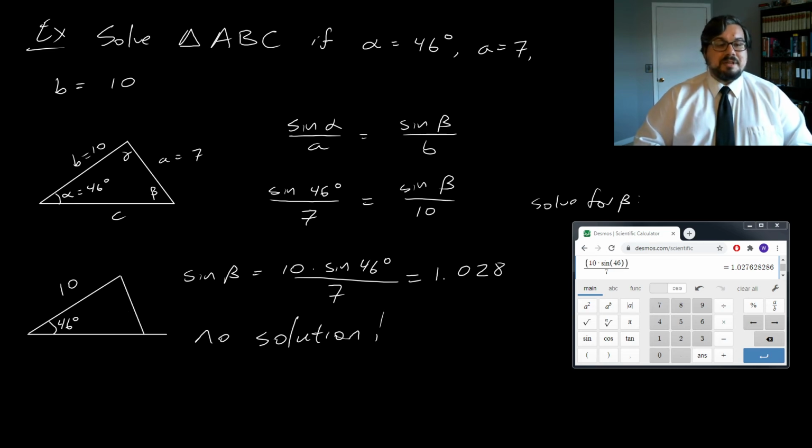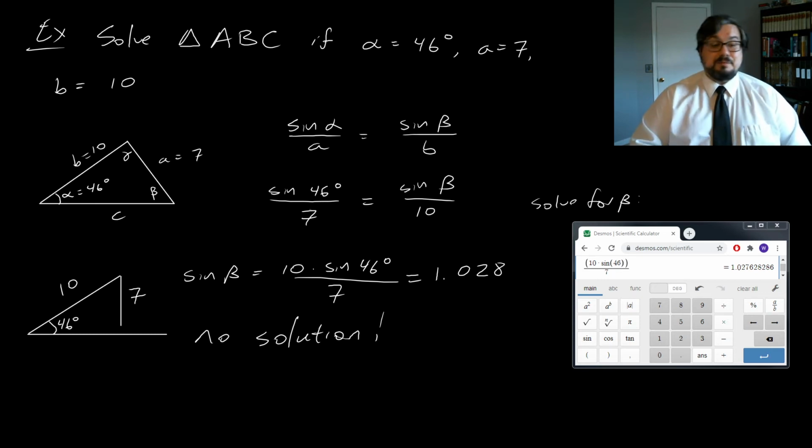The problem is that a side of length 7 is simply too short. No matter how we try to put this angle down here, it's never going to reach that lower horizontal line, and so it's never possible to get a triangle with these side lengths, because that opposite side of length 7 simply doesn't reach.